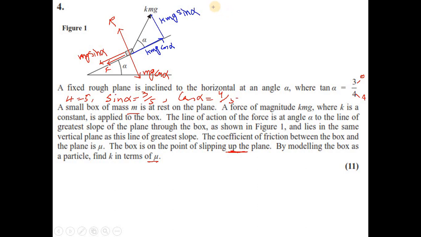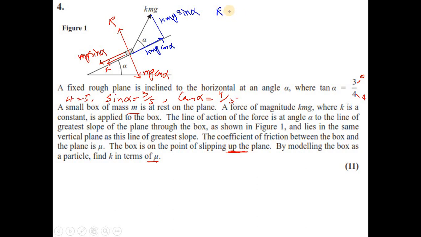So first, resolving forces parallel and perpendicular to the plane.